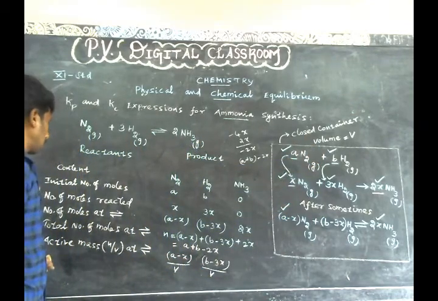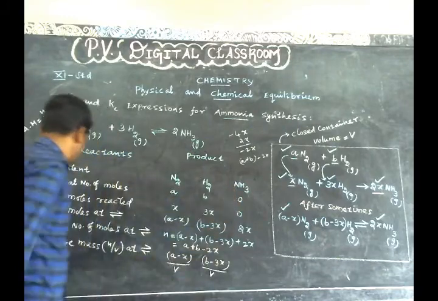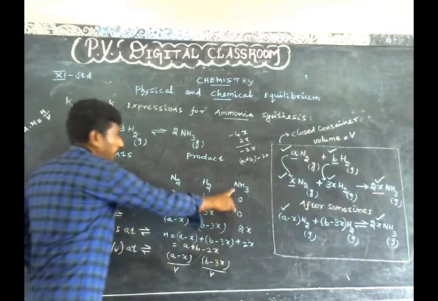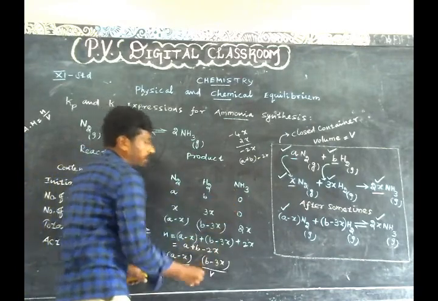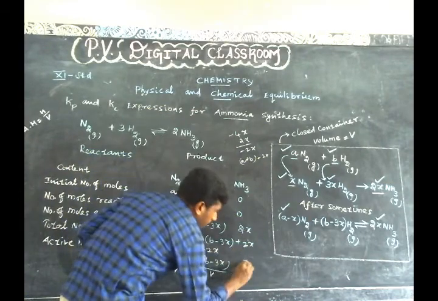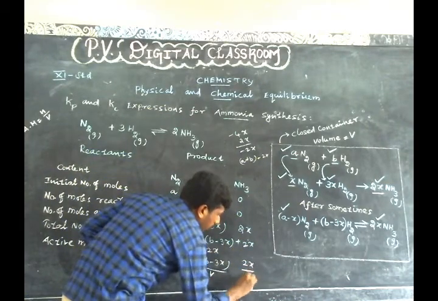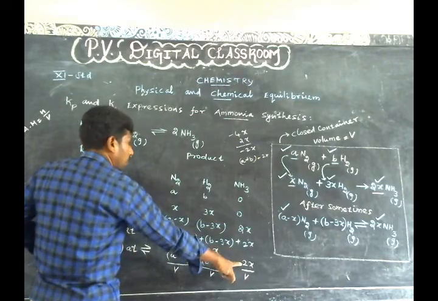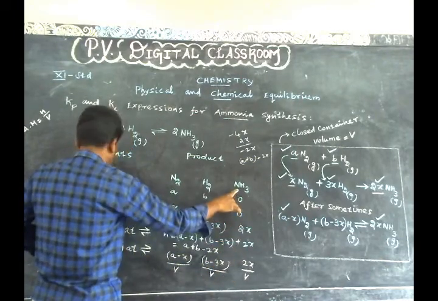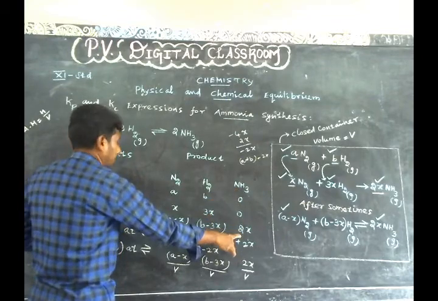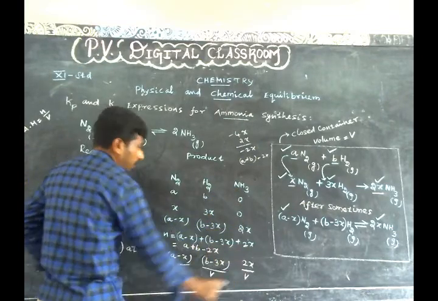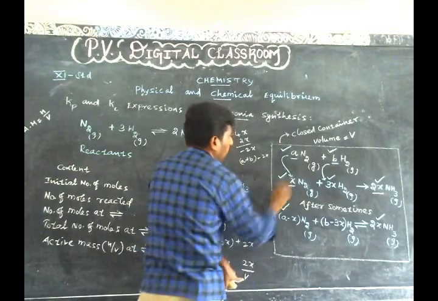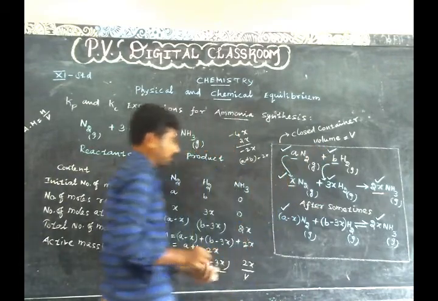Then active mass of ammonia gas at equilibrium is equal to 2x divided by V. Here 2x represents the number of moles of ammonia gas at equilibrium and V represents the volume of the container.